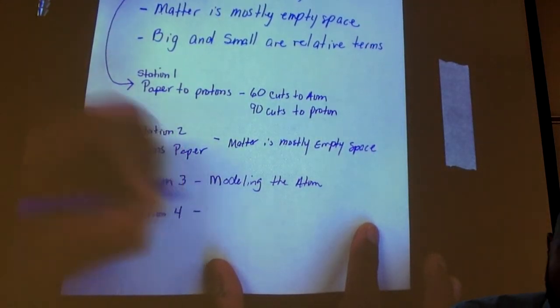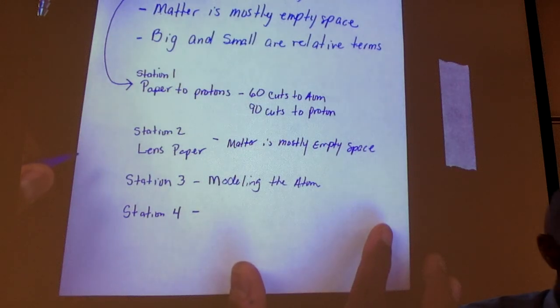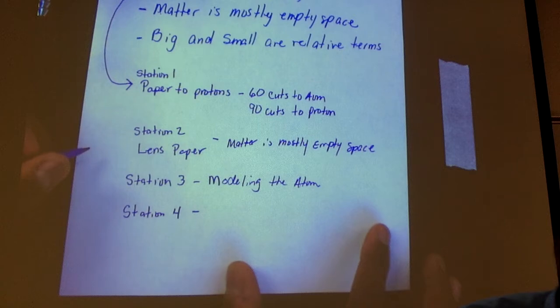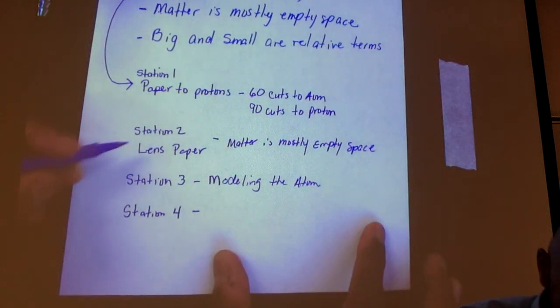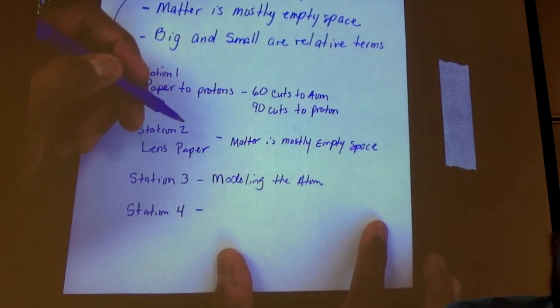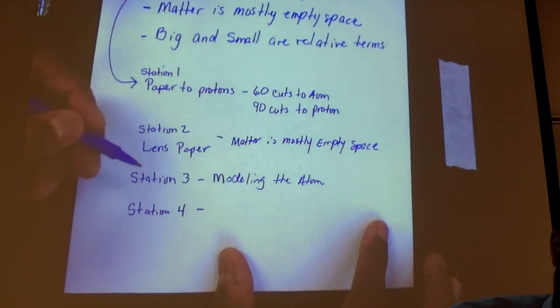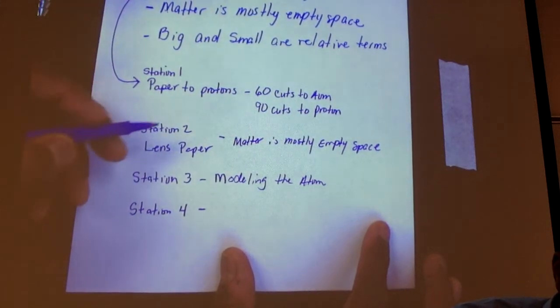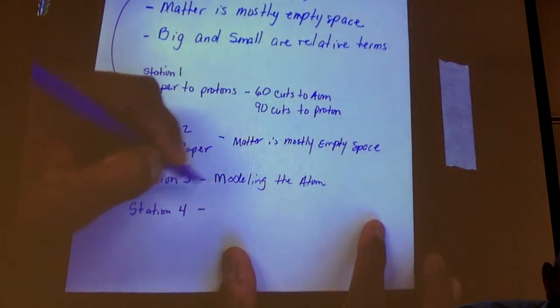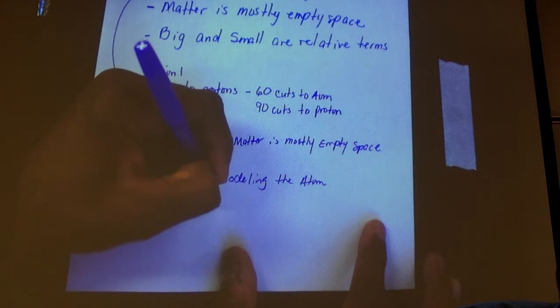Station 4, you saw 2 videos. One was dealing with how small the atom was, and I think both were dealing with how small the atom was. Really, I told you that the first video was probably the most important. So station 4 dealt with size.